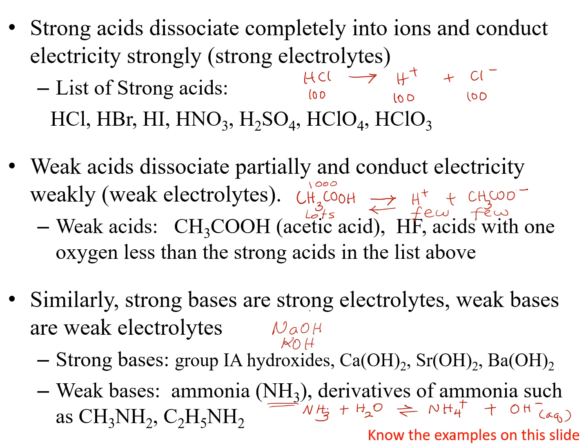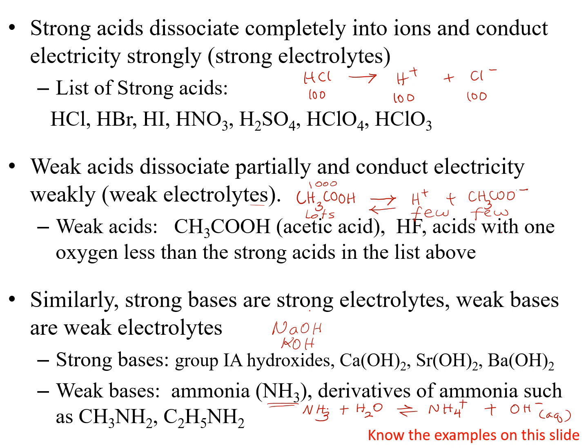So ammonia is also producing hydroxide ions in water, and that's why we can call it a base, but it's a weak base. Anytime you represent a weak acid reaction or a weak base reaction, notice that you have to use the double arrow. Weak acids and weak bases will be examples of weak electrolytes. Strong acids and strong bases will be examples of strong electrolytes.